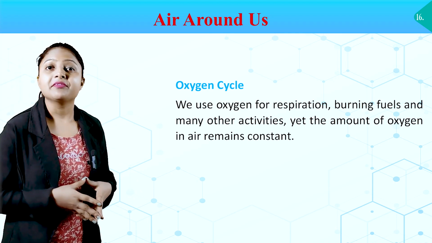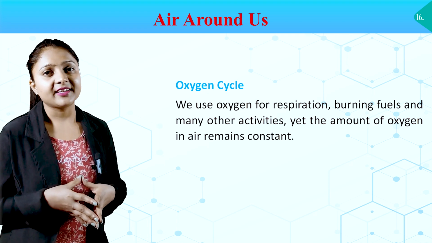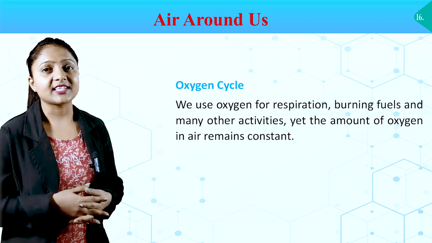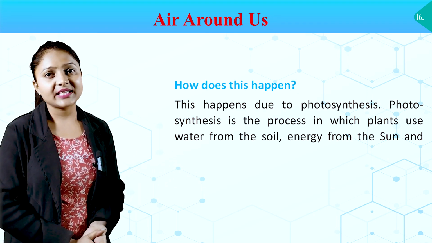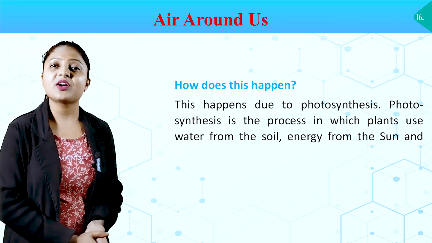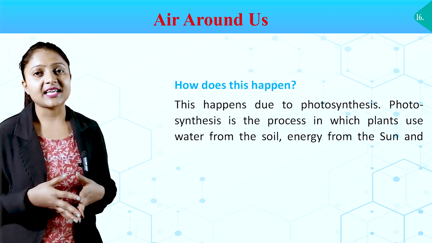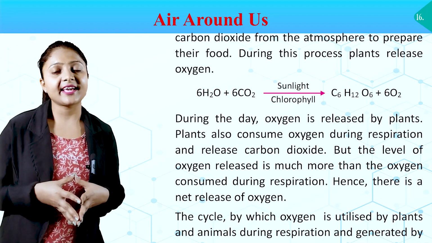Oxygen cycle. We use oxygen for respiration, burning fuels and many other activities. Yet the amount of oxygen in air remains constant. How does this happen? This happens due to photosynthesis. Photosynthesis is the process in which plants use water from the soil, energy from the sun, and the carbon dioxide from the atmosphere to prepare their food.